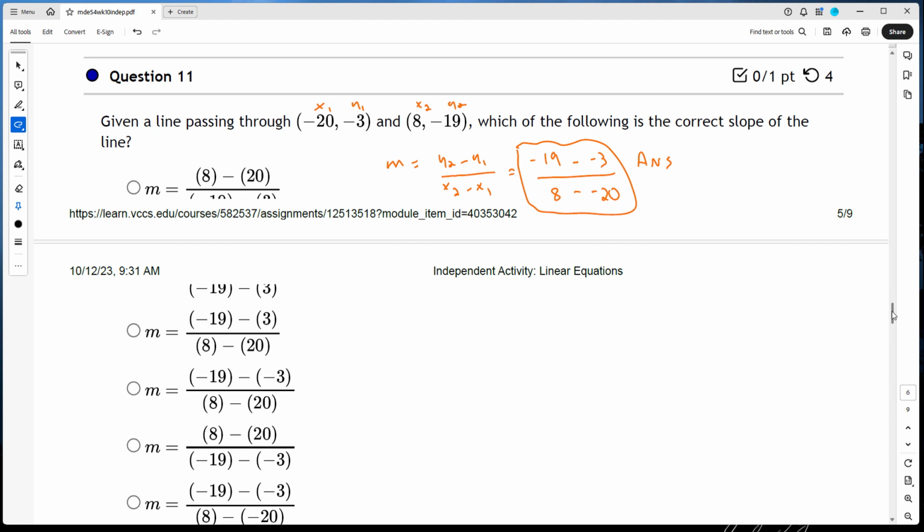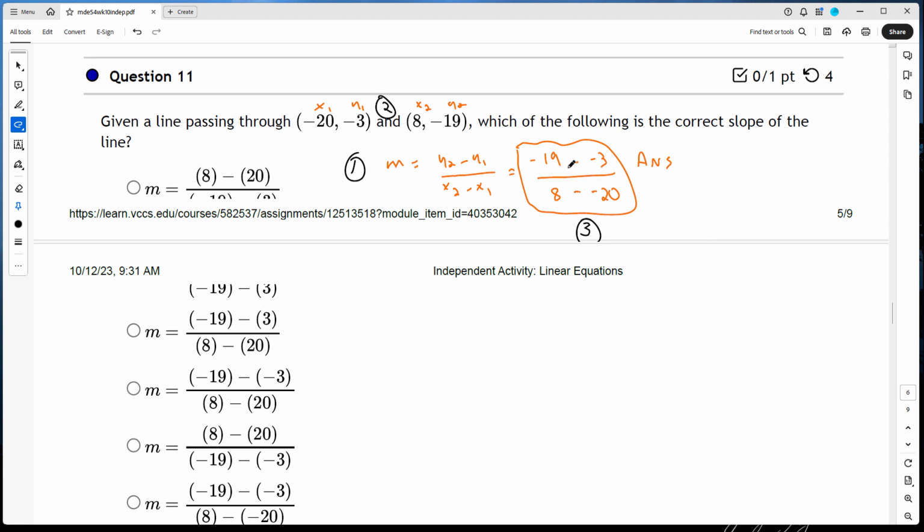given a line going through those 2 points there, which is the following is the correct slope. So I wrote out my slope formula here. Assigned values to my variables in the formula here, and then I plugged into the formula. Okay.